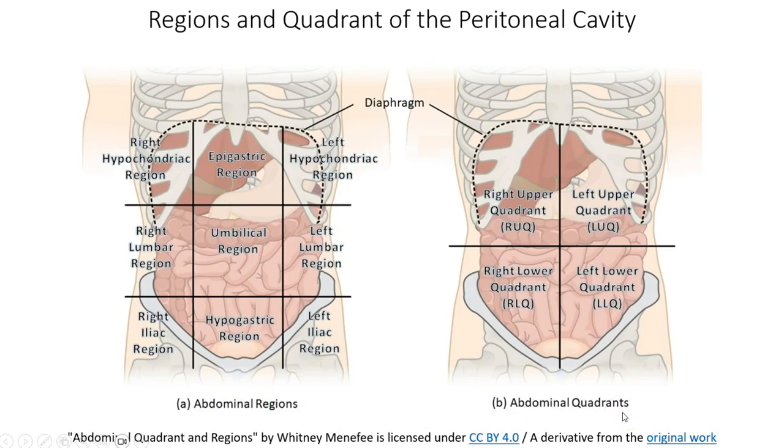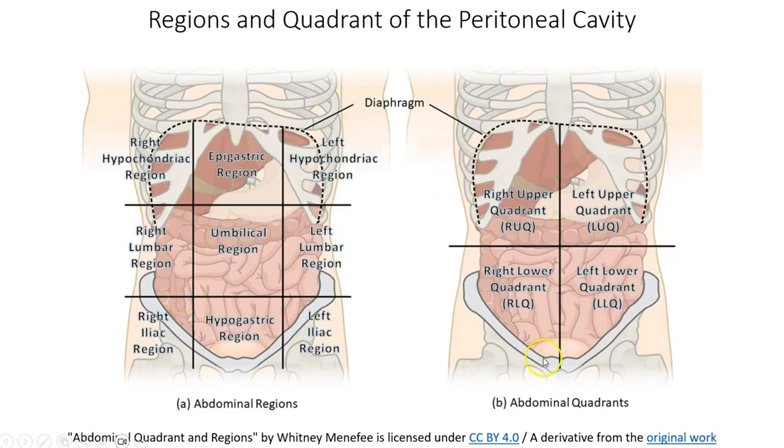All right, so depending on what specialty you end up in and different doctors' preferences, these can be used interchangeably sometimes, but there are specific situations where you would need to use just the quadrants or the regions. If you're just getting a general idea of where somebody's maybe having pain, then you could use a quadrant to help direct your attention to a specific region, and then you can get a little bit more specific with the actual regions.